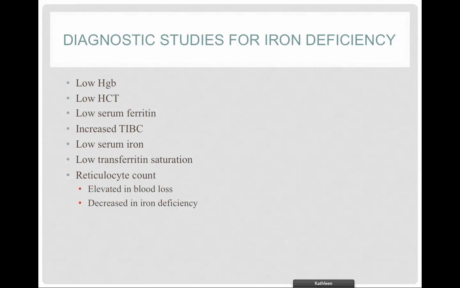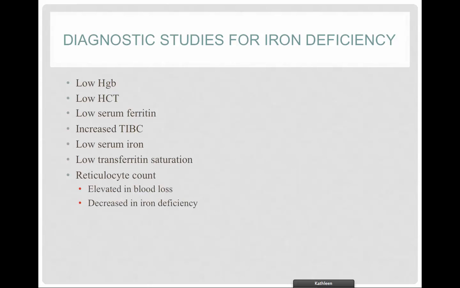Normal serum iron levels in a male are 76 to 198. In females, it's 26 to 170. Remember that iron levels are just blood levels, and that's important to know because when we look at other lab work, the iron level is not as important as the iron storage level.